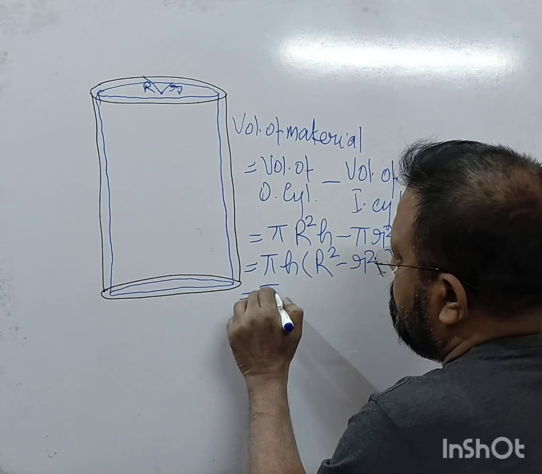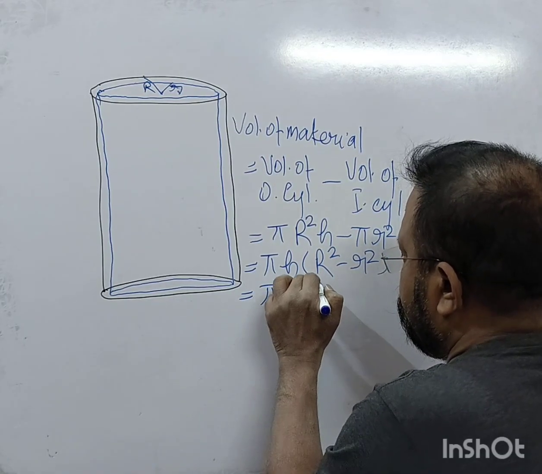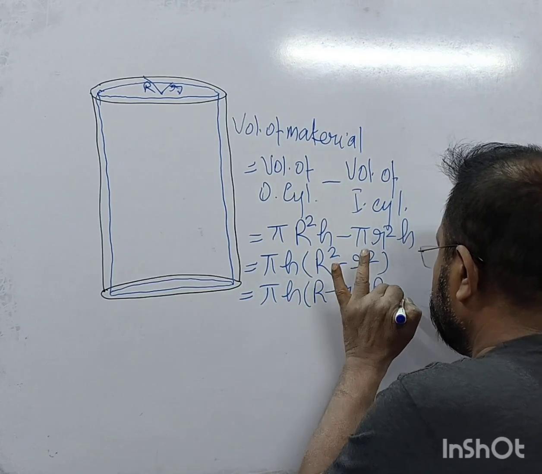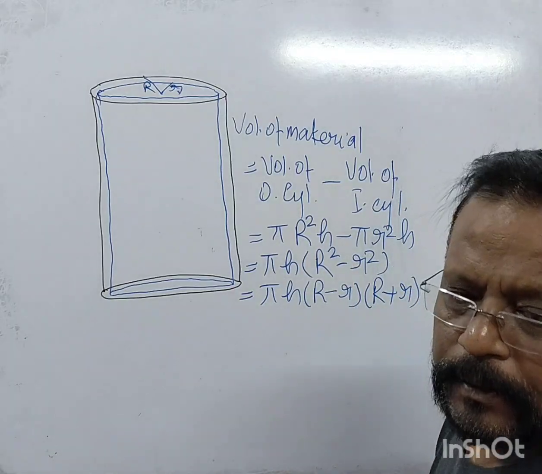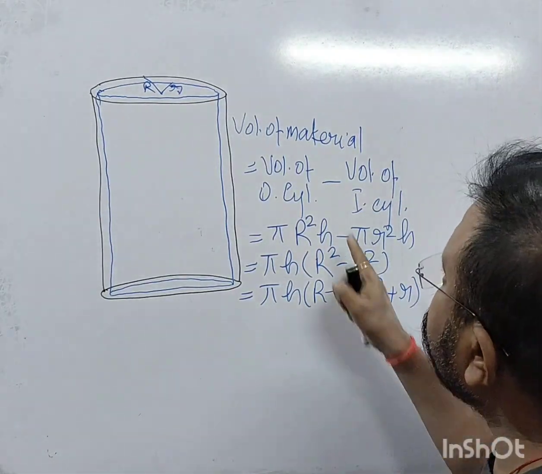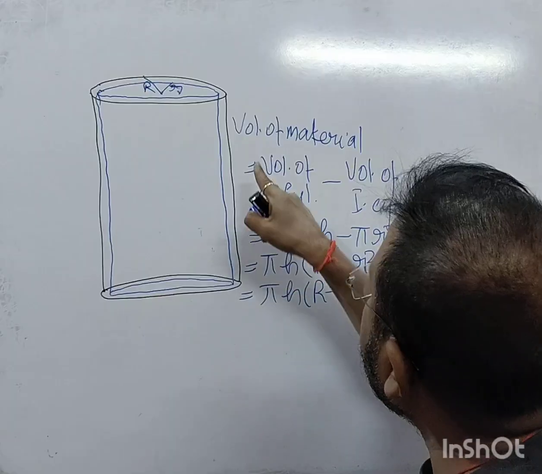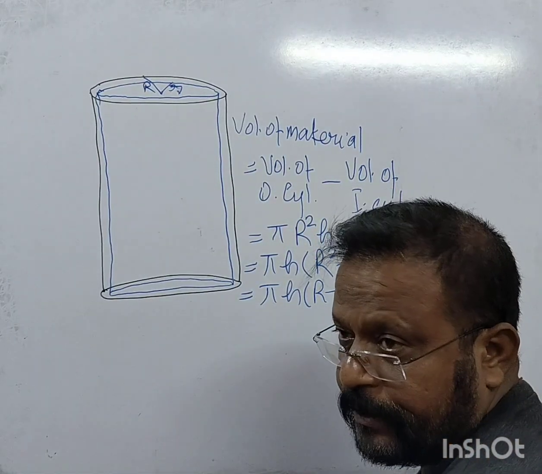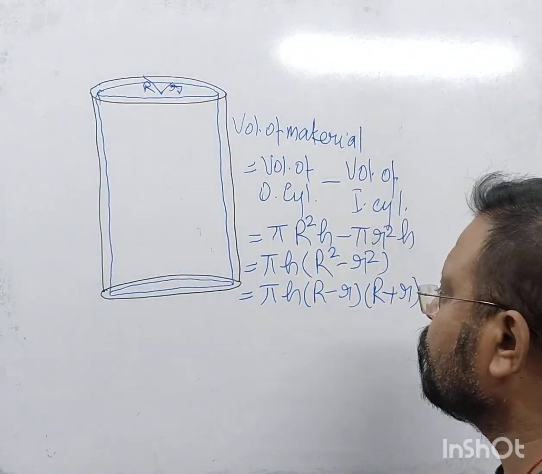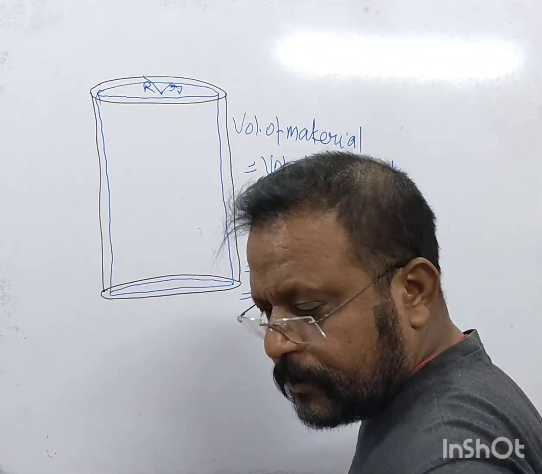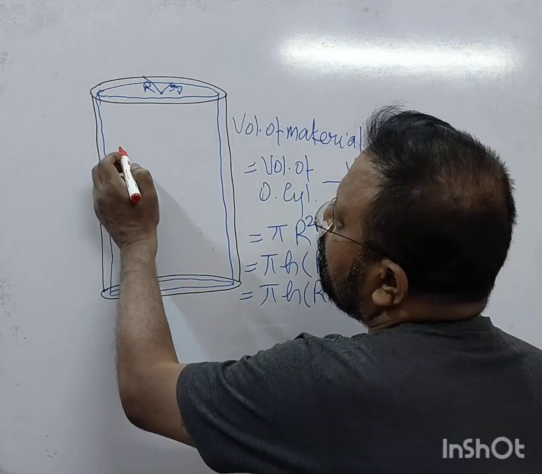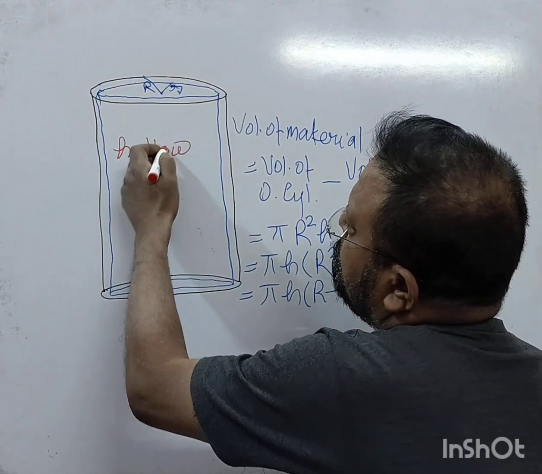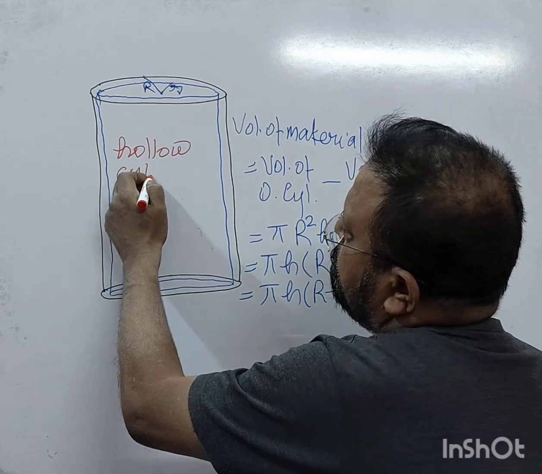So you get pi h bracket capital R minus small r, capital R plus small r. Right? This is what we have for the material of a hollow cylinder.